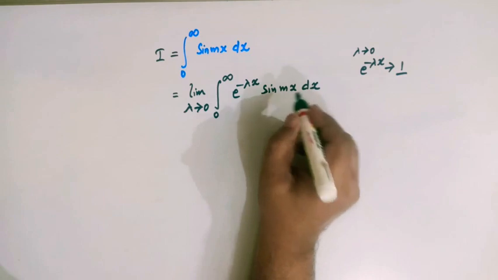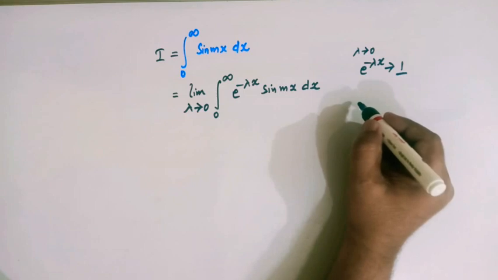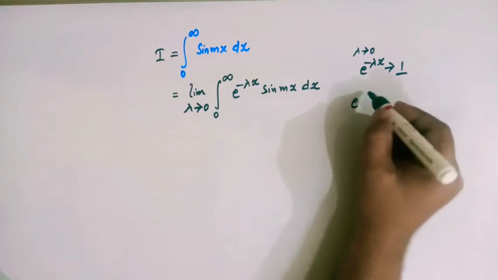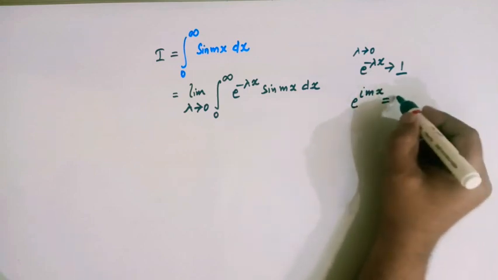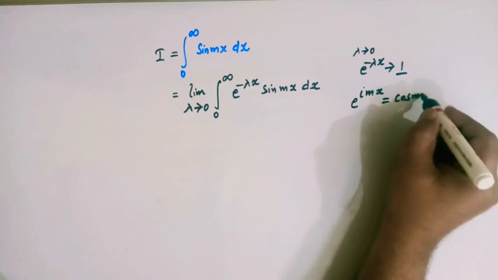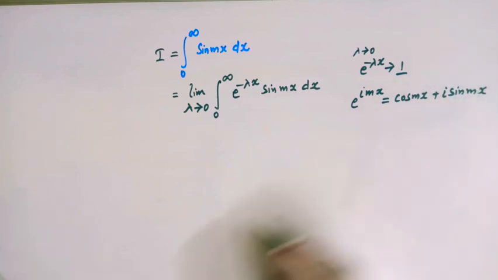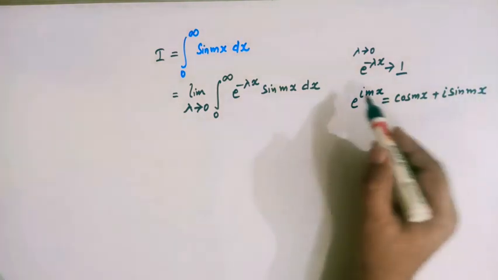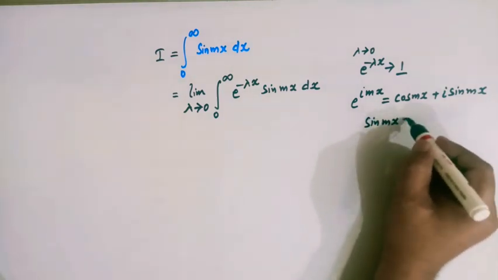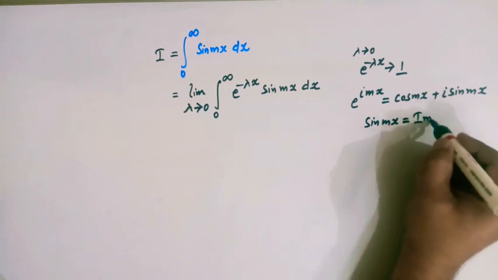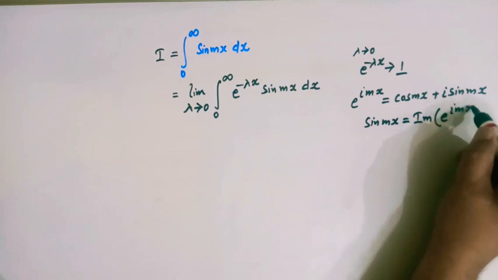Now why have we introduced this additional factor? Because we can now write sine mx with the help of Euler's formula. Euler's formula says that e raised to iota mx is equal to cos mx plus iota sine mx, right? So we can write sine mx as the imaginary part of e raised to iota mx.